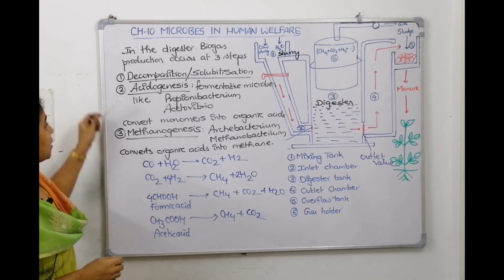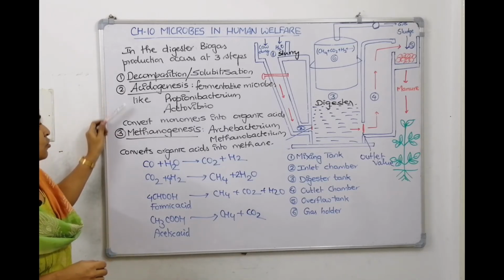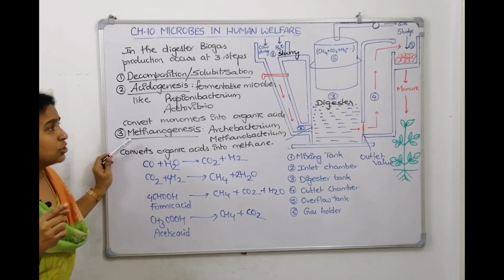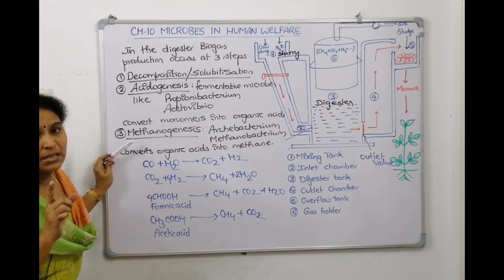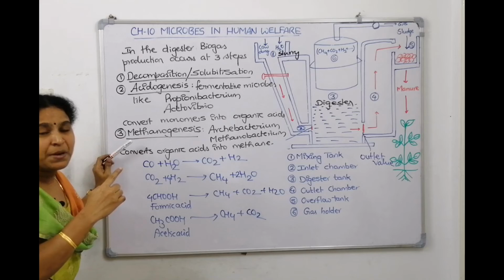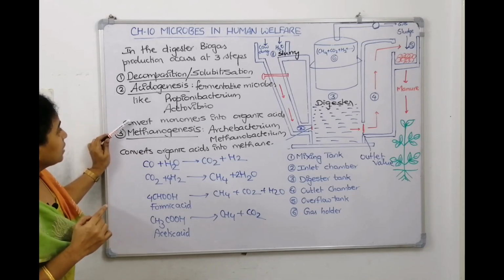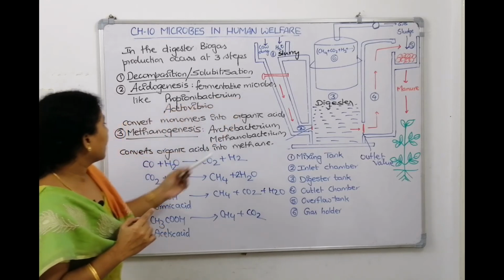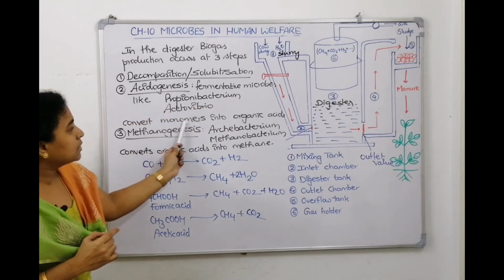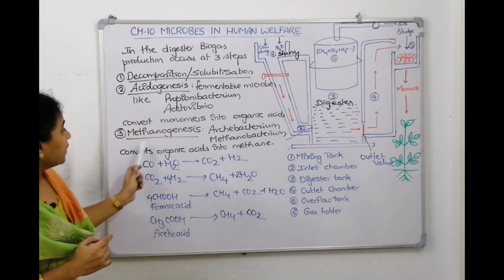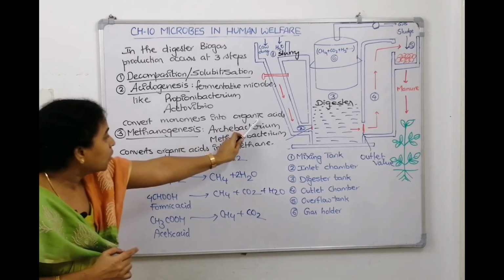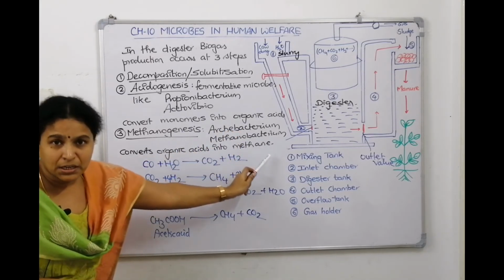Now let us see what are the three steps: solubilization, acidogenesis, methanogenesis. In solubilization, facultative bacteria break the complex organic materials into monomers. Followed by acidogenesis, where fermentative microorganisms convert the monomers into organic acids. Third one is methanogenesis, where these organic acids are converted into methane.